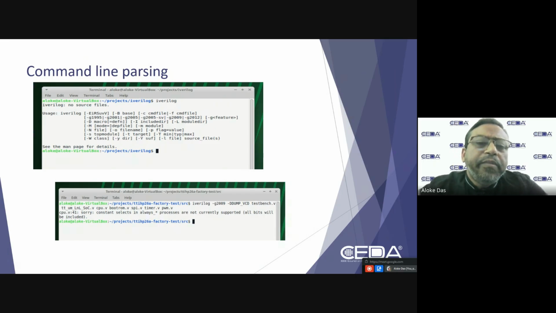So this is called command line, and when you run this thing, this is called the executable in computer science language. This iVerilog is the executable, the software that we are trying to write. And when you run it, it will give you this kind of message, right? iVerilog: no source files, usage, something.